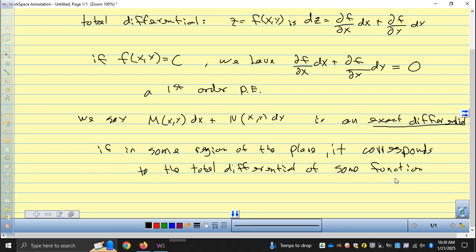Well, that means that M is the partial of that function with respect to x, and N is the partial of that function with respect to y. We have seen this situation before, when we were talking about conservative fields.